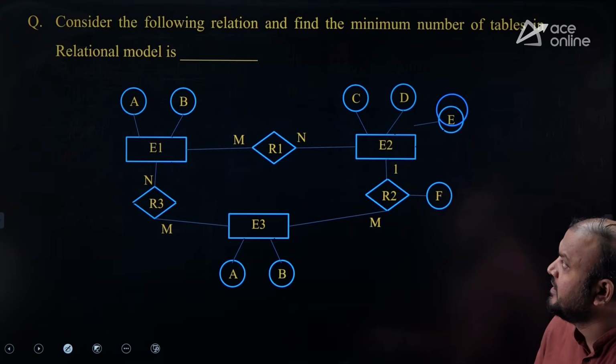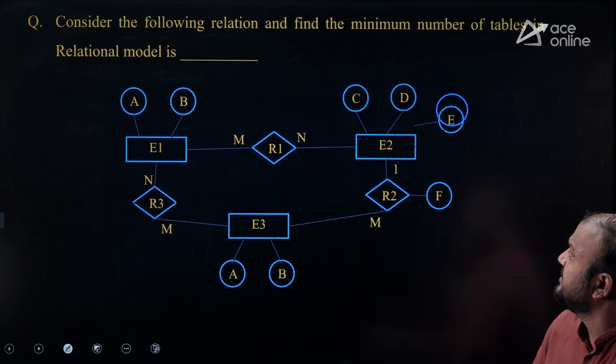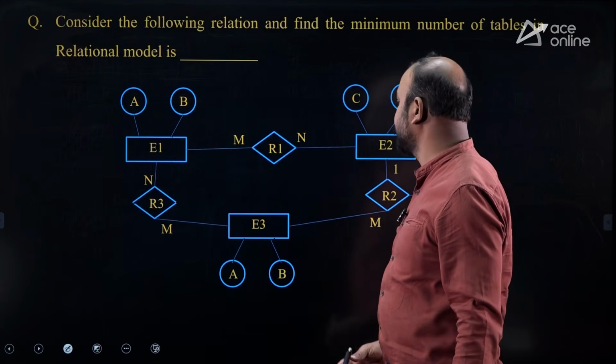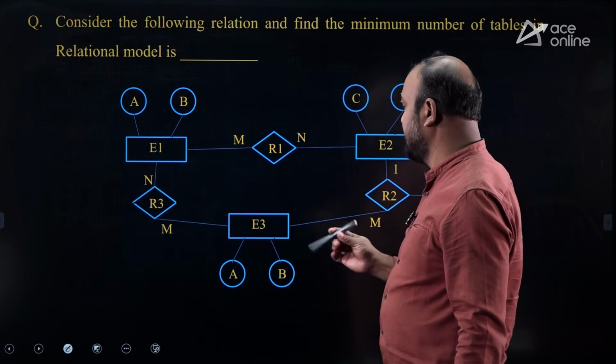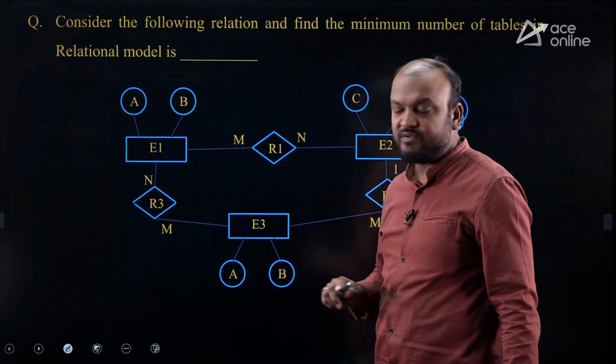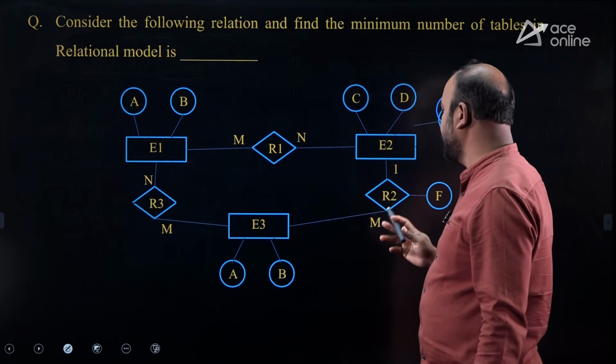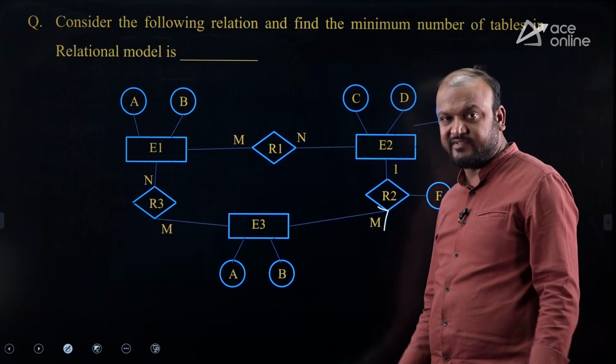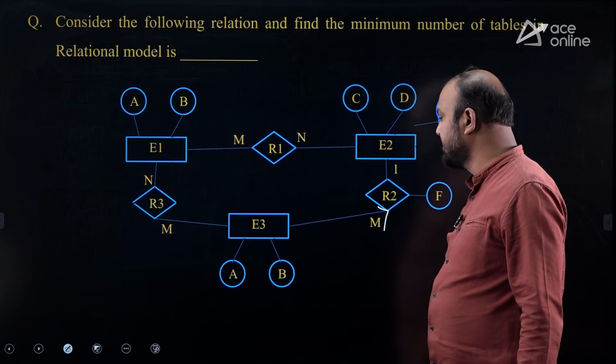Is it okay? Consider the following relation and find the minimum number of tables in the relational model. How many tables in the relational model? Look here: many-many means no arrows, one-many means the arrow is from the many side. Do remember, today also we have revised this point.